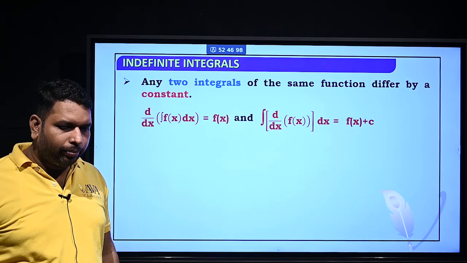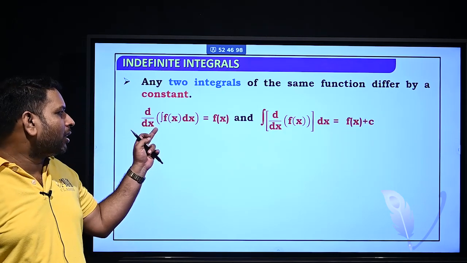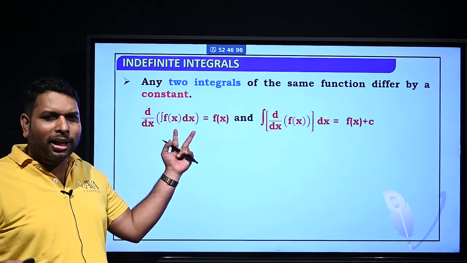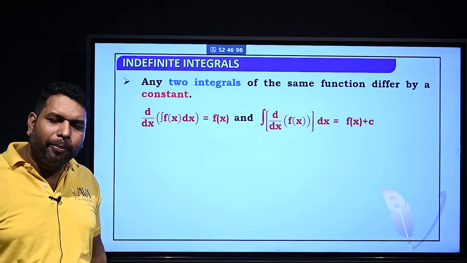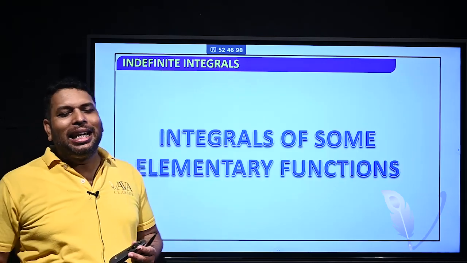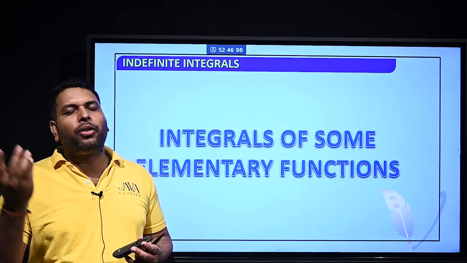But in the derivative of the integral of f(x), the constant's derivative is 0, that's why it's only f(x). Now we'll discuss the integrals of some elementary functions.